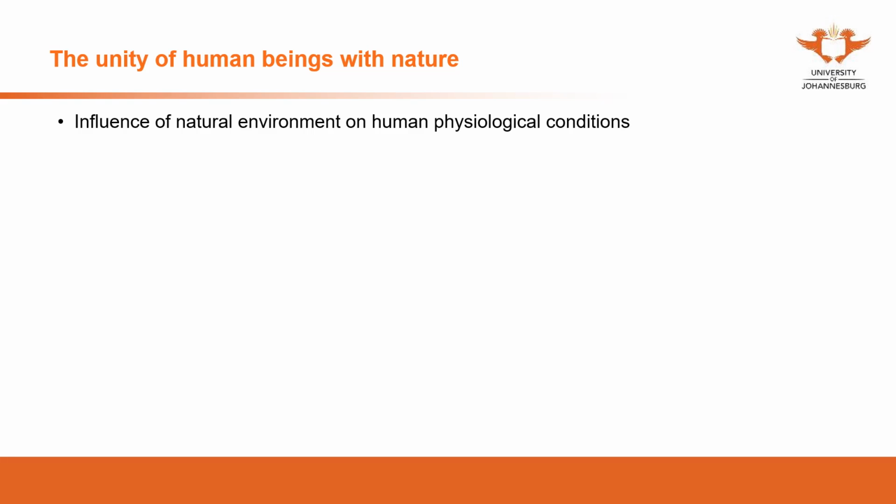Natural environments' effects on physiological conditions can also be seen from geographical changes. For example, someone lives in Joburg. Because of the high ground, the climate is dry in Joburg, and the skin may be dry. Compare that with someone living in Durban, at sea level.